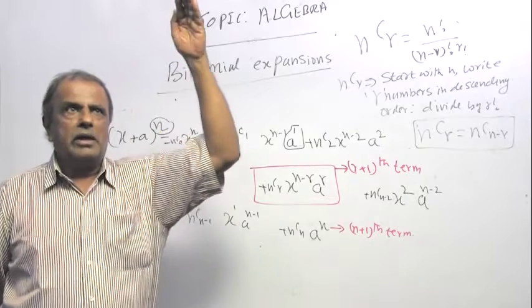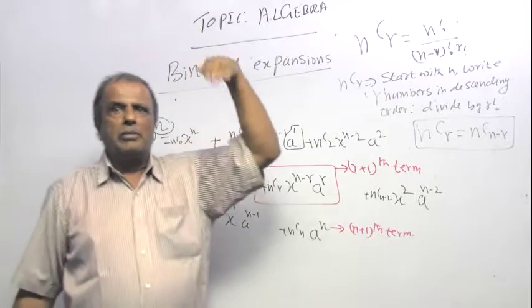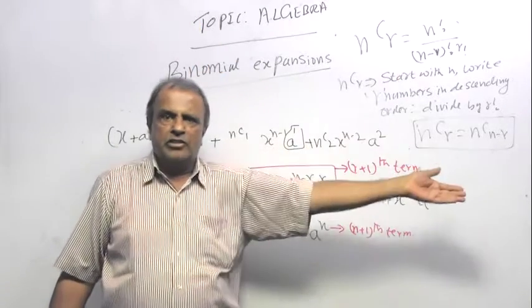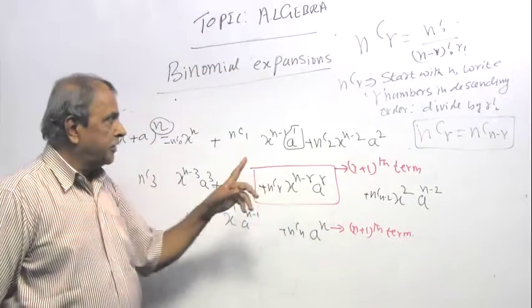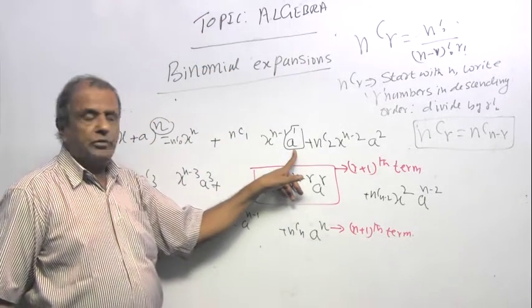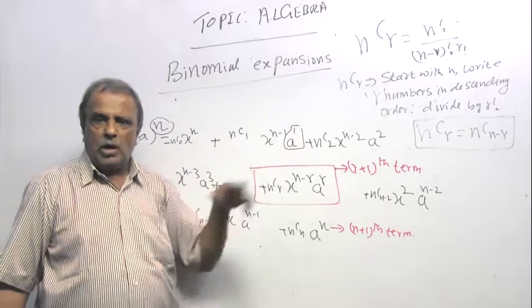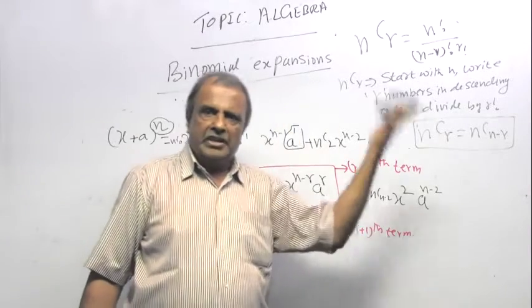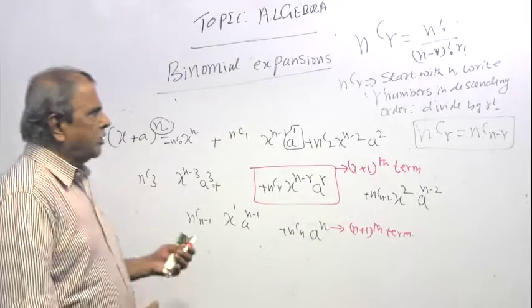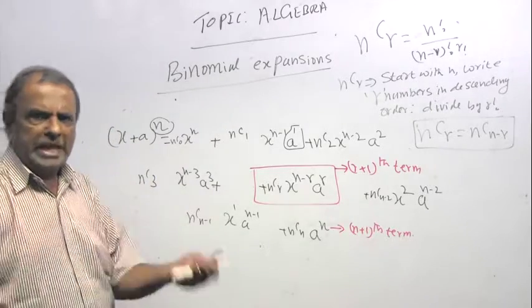So let's say you're doing x plus a power 10, and you've got a term in x cube, then it has to be a power 7. And the coefficients depend upon the power of a. If it is a power 1, it will be nC1, a power 2, nC2, a power 3, nC3, and so on. I don't want to write all that. It's all going to be in the handout.